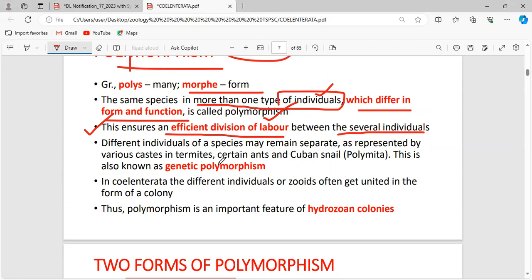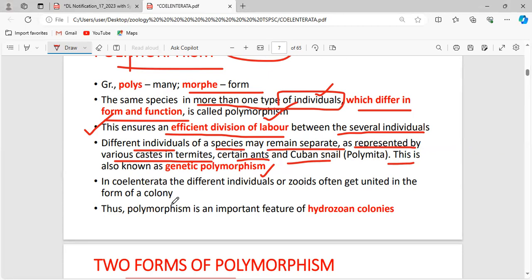The different individuals of a species may remain separate, as represented by various caste termites, certain ants, and the Cuban snail. This is known as genetic polymorphism. There the genetic makeup also exhibits different forms.